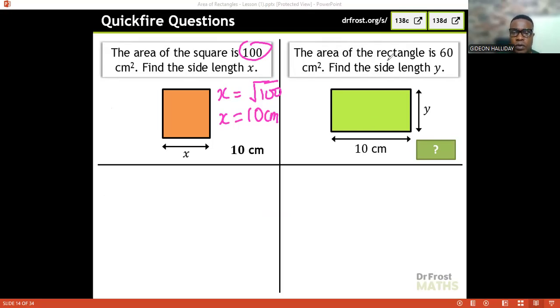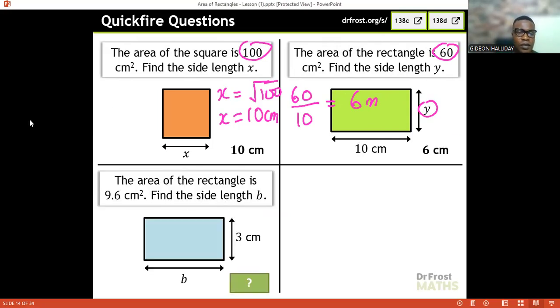The area of the rectangle is 60, and we're looking for the width. So that's 60 divided by 10, and that equals 6 centimeters. Easy peasy, right? See, it's nothing complicated here. The same with this 9.6.